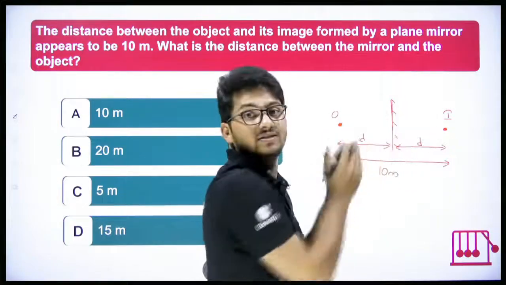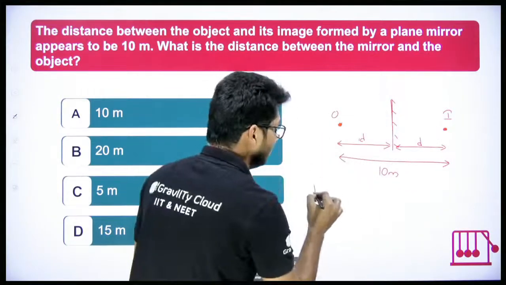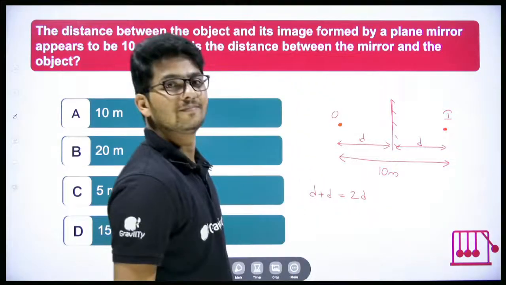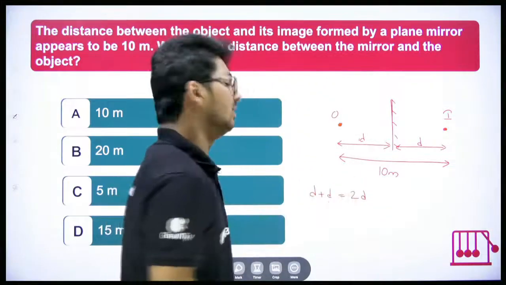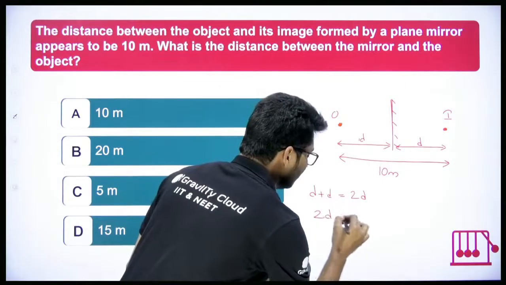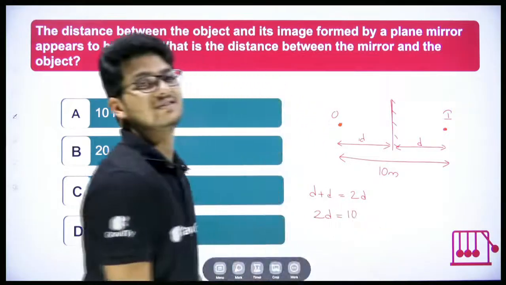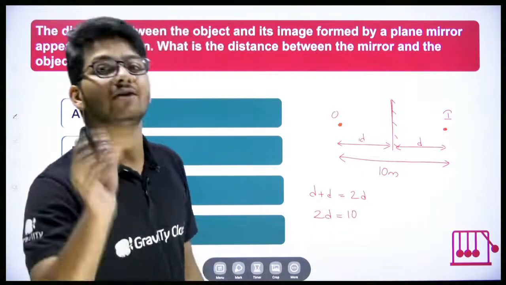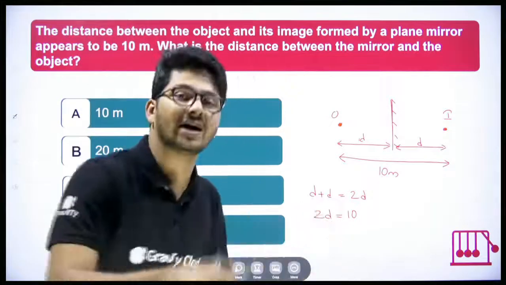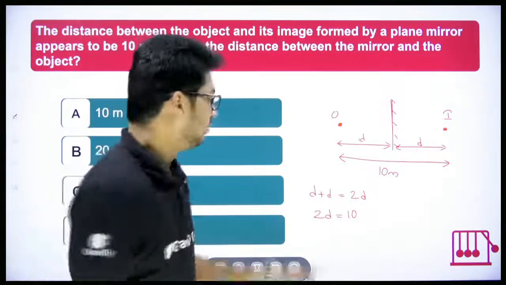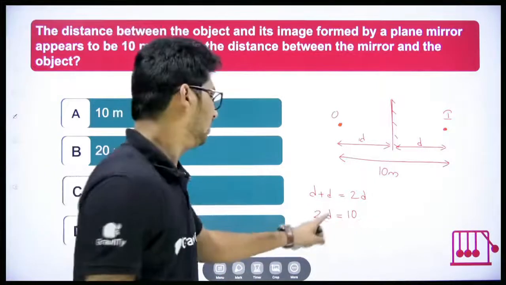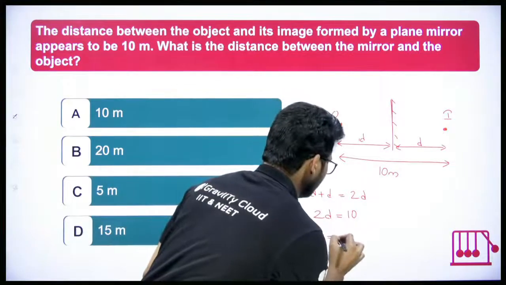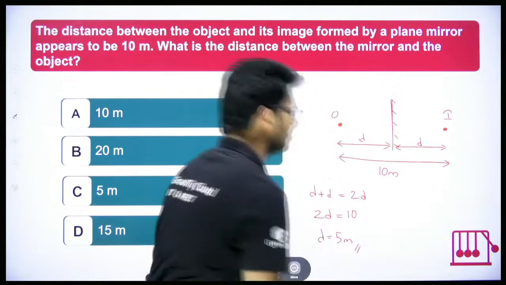It will be D plus D, which is equal to 2D. And that 2D is given as 10 meters. So how much is D? D will be 5 meters, because 2 into 5 is equal to 10. So D is equal to 5 meters.